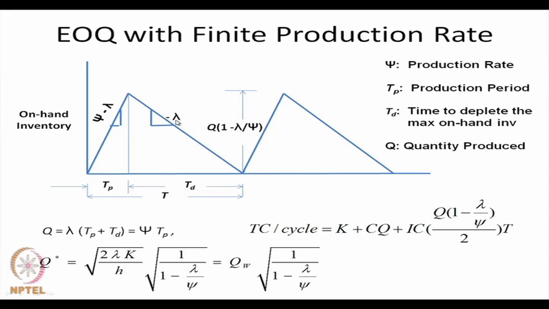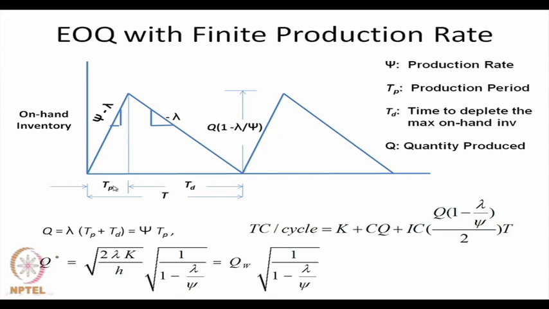So, the slope is minus lambda here, and then it comes to 0. At this point, once again the order is placed for production, and once again the inventory rises and it falls. Therefore, in this case also we can see a cycle, but it is not a sawtooth type of curve. It has a rising straight line, first phase for TP time, and for TD time. TD time is the time to deplete the maximum on hand inventory to 0.